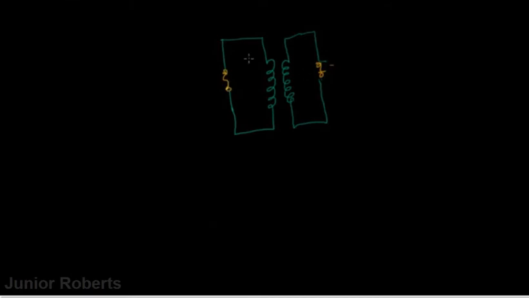So this green figure is our transformer. Now, here is what we refer to as our AC input, and here would be our AC output.